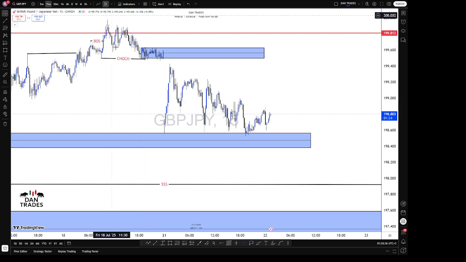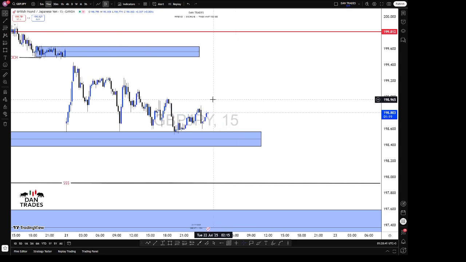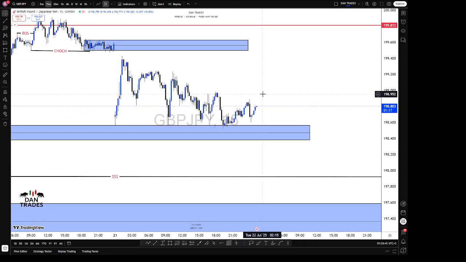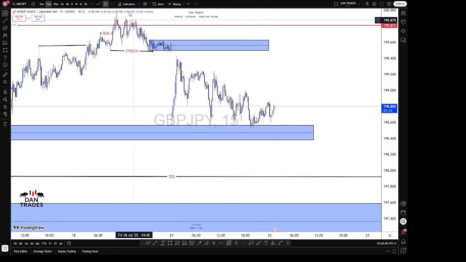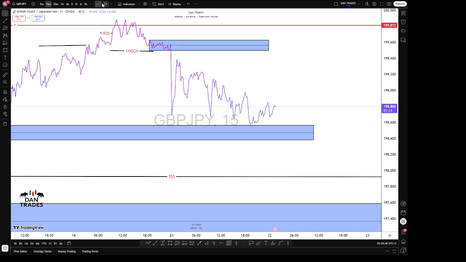Okay, and again, we can see that we might have something like, let's see what we have, that breakout structure slowly being mitigated.